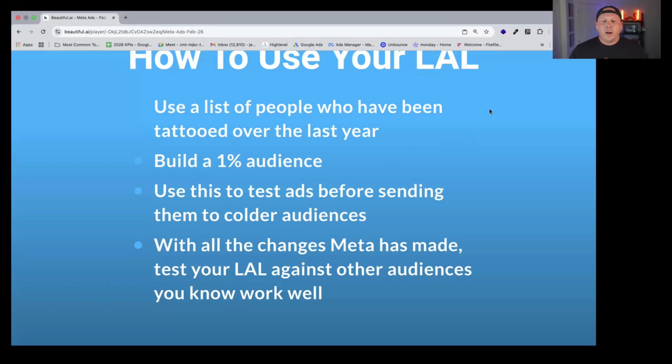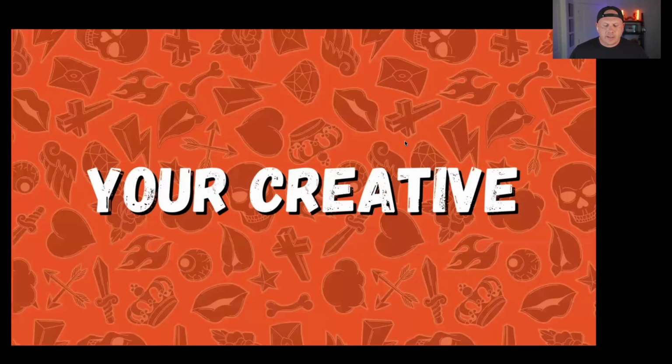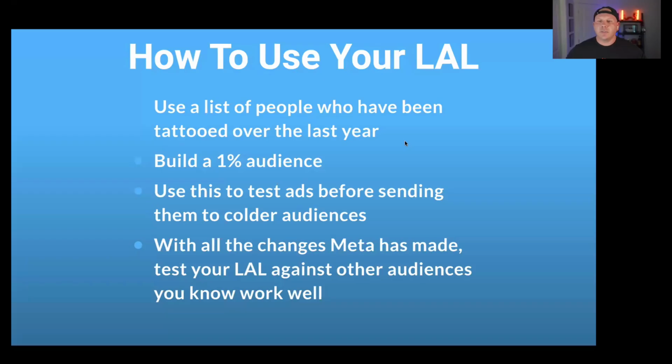Yes. So the list that I would recommend, and again, this has changed as of the last couple of months. It keeps going to PDF or read only? Yeah, I'm not sure. It shouldn't ask when you upload it. But shoot me a message on Instagram right after this, and I'll help you figure it out. If you can get a list that is just the people over the last year, that is the best.